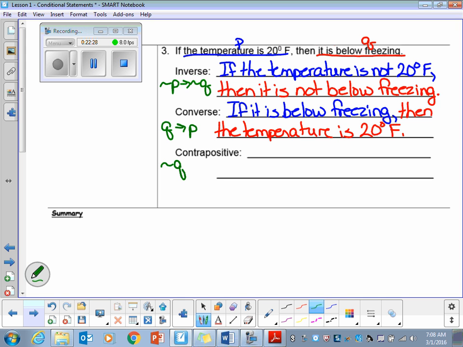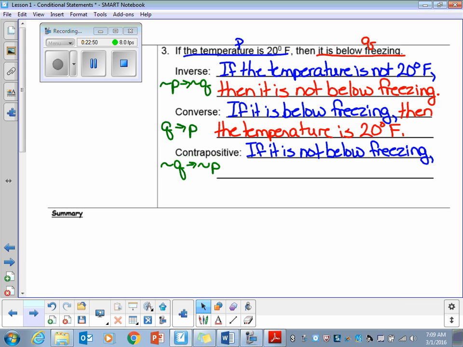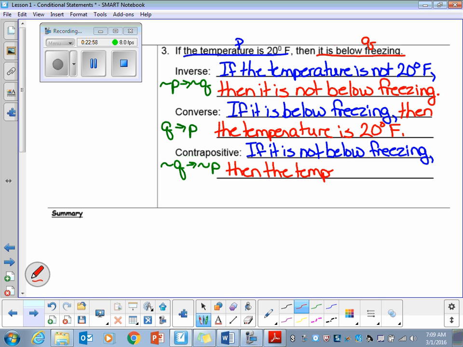So not Q, then not P. Okay, so I like to look at my converse and negate my converse. If it is not below freezing, then the temperature is not 20 degrees Fahrenheit.